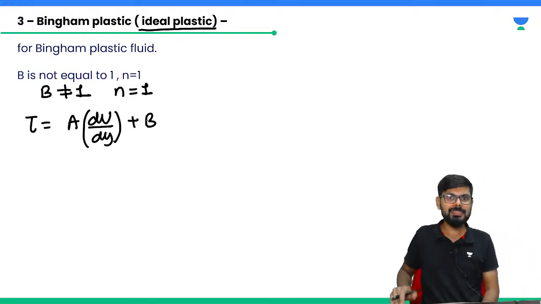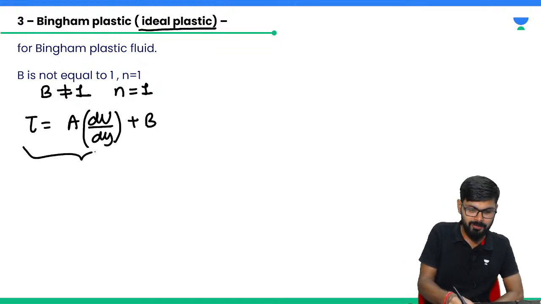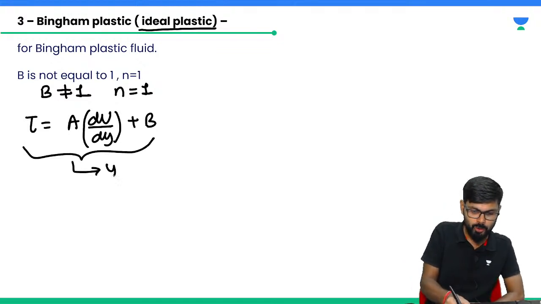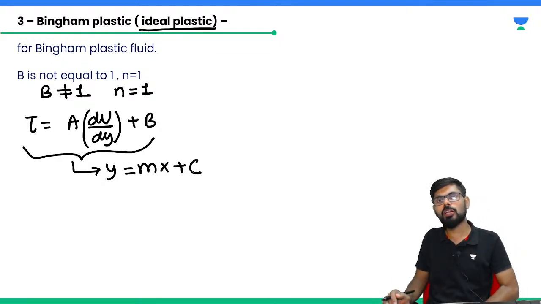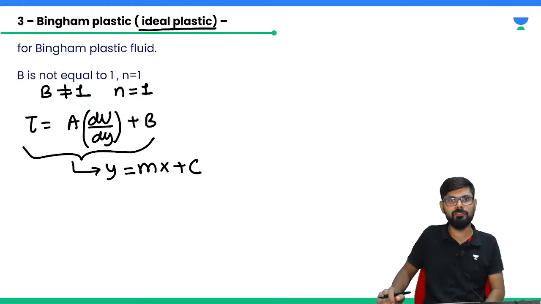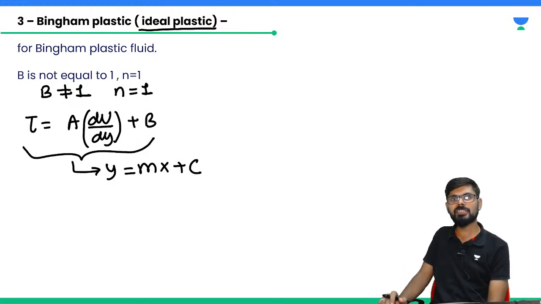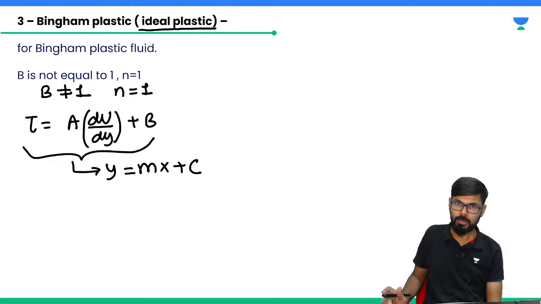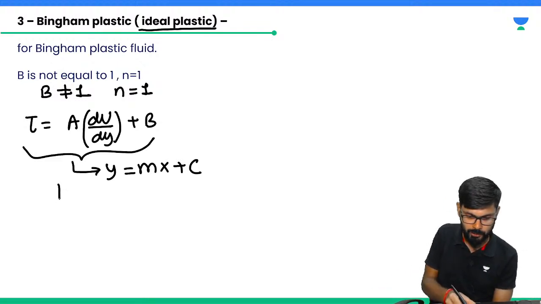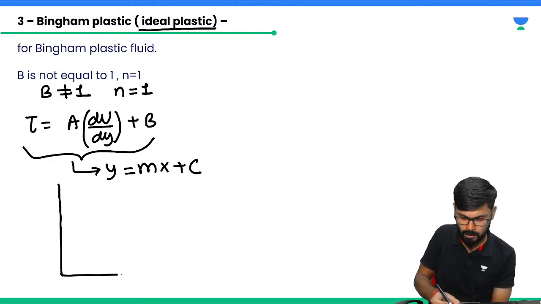Now you can say this is the equation like y equals mx plus c, a y equals mx plus c type of equation. So this equation is not going to pass through the origin.